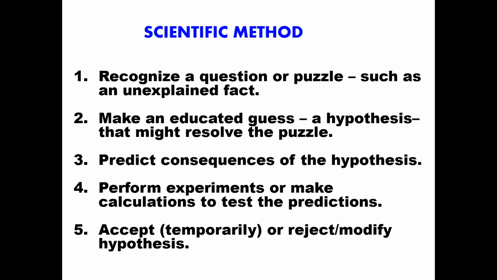If each time it is approved, then we can say that the hypothesis is correct, and we call it a principle or scientific principle. If the data and the experimental results do not agree with the hypothesis that we made, then we have to reject that hypothesis. That is not a correct hypothesis.